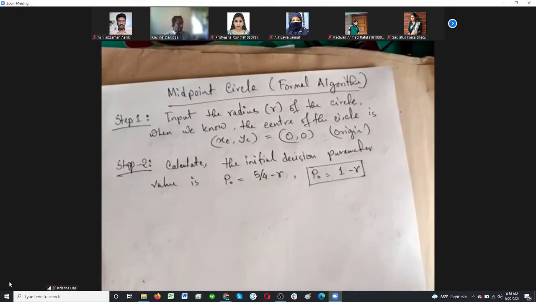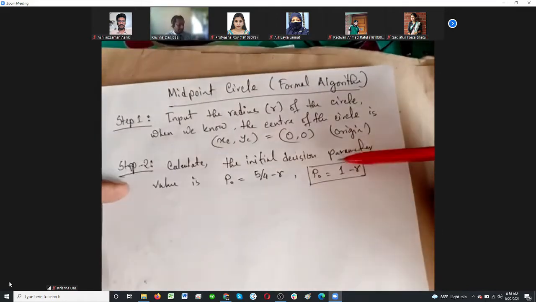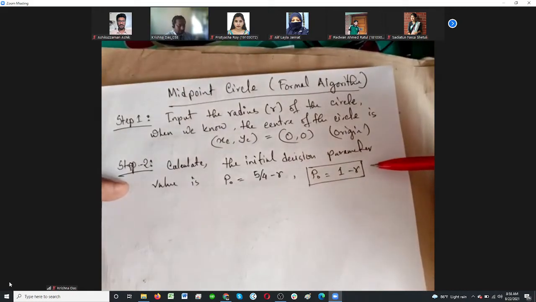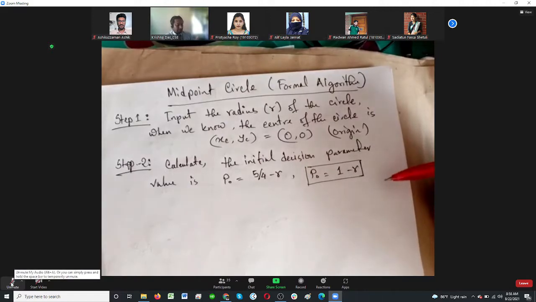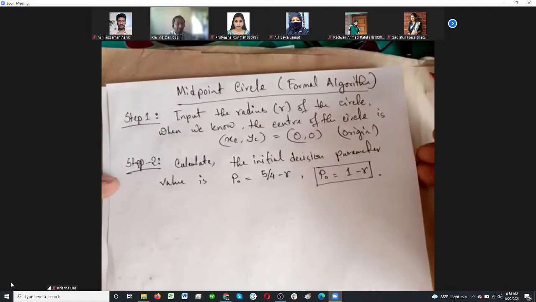Whenever we have the radius, the initial decision parameter will be 1 minus R. So in most cases, you can see the algorithm for the initial decision parameter starts with a negative value.